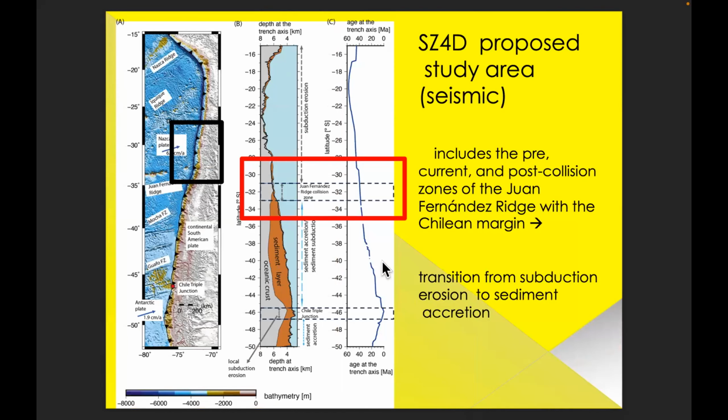And as a first order, some authors can say that the collision of the Juan Fernandez Ridge with central Chile produces a transition from subduction erosion in the north, with little sediment, to the possible formation of sediment accretion or basalt accretion, underplating, and sediment subduction.